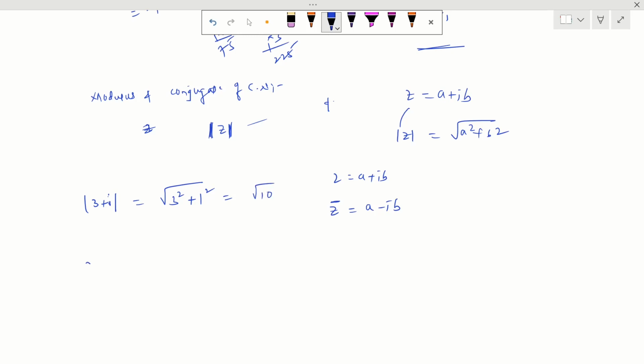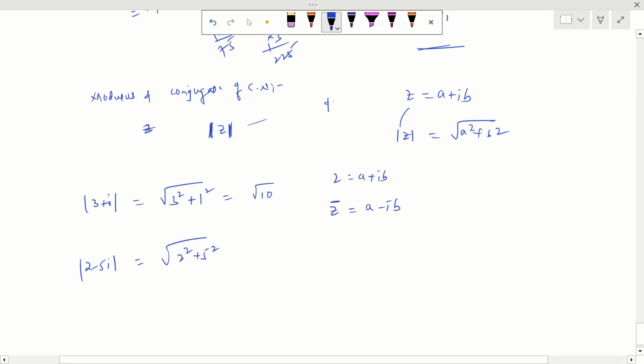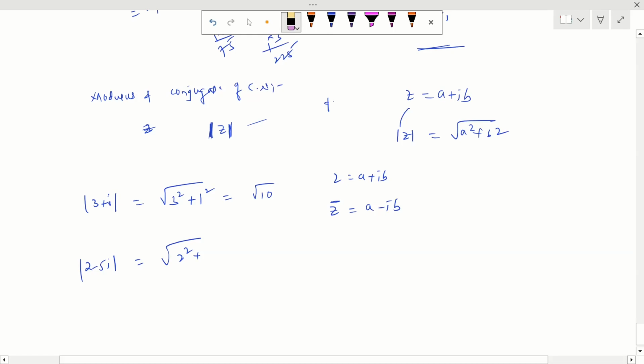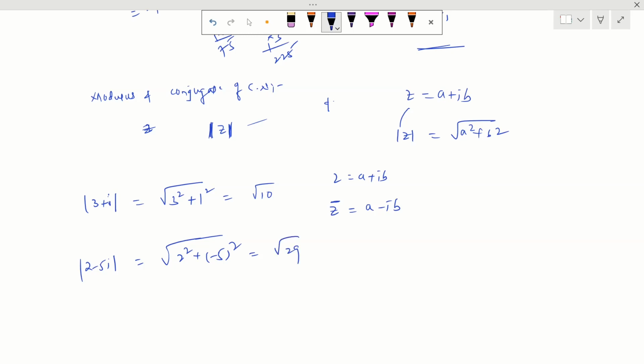When I write the modulus of 2 minus 5i, that is 2 square plus 5 square. So here b is minus 5, and it is minus 5 square. 5 square is 25, 25 plus 4 is 29, so the square root of 29.